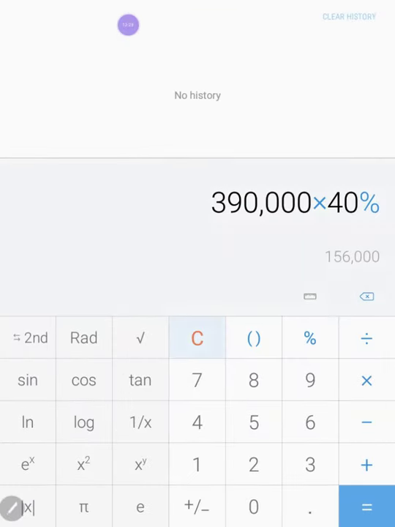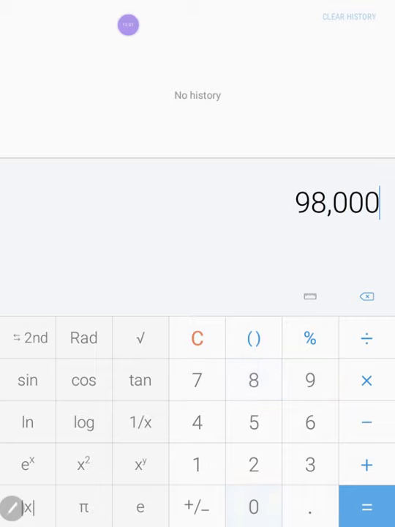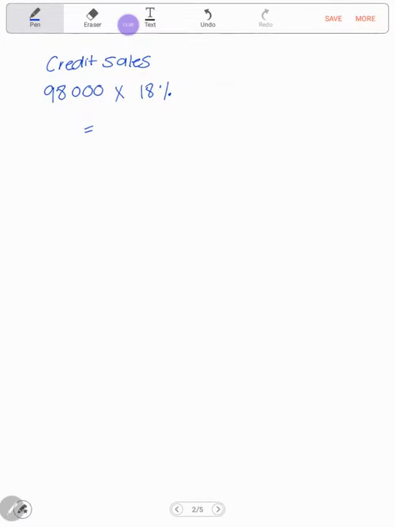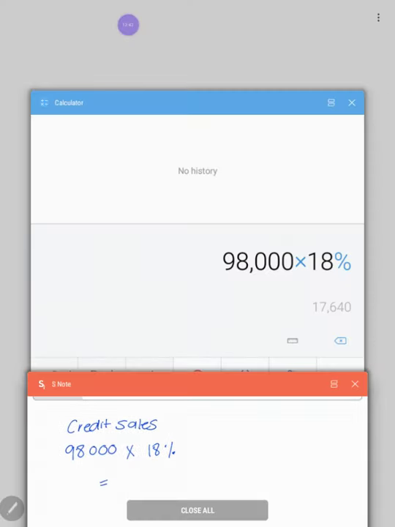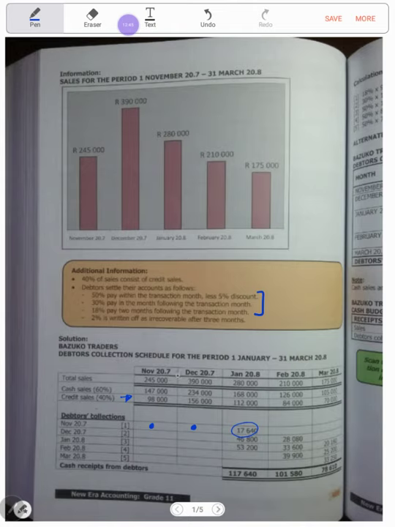So we'll take 98,000, multiply the 18%, we should get 17,640 that will be received in January, which is 2 months later from the actual credit sale month. I hope that makes sense to you. I'm going to move on with the rest of the activity.